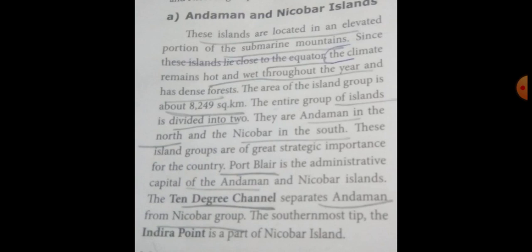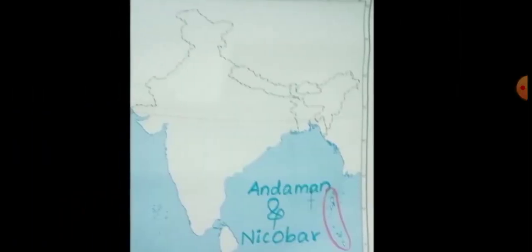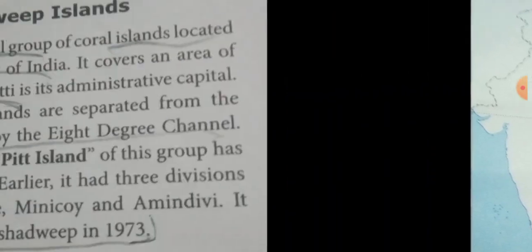The 10-degree channel separates Andaman from the Nicobar Islands. Just see this map, students.